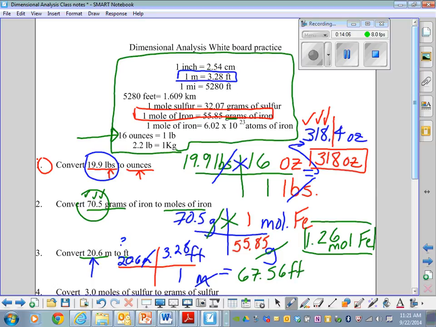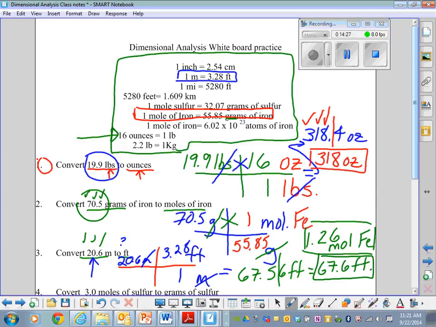And what is the unit? Okay, now, have I attended to sig figs? Let's look at 20.6. How many sig figs over here? 3. 1, 2, 3. I must have 3. So how will you round that? 67.6.